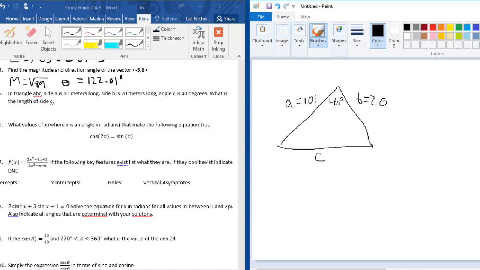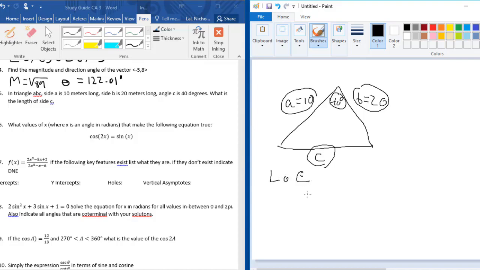We have a side, an angle in between. So we have two sides and the angle in between them. And we need to find the side opposite the angle. This is a classic law of cosines problem. Here's how you set it up.